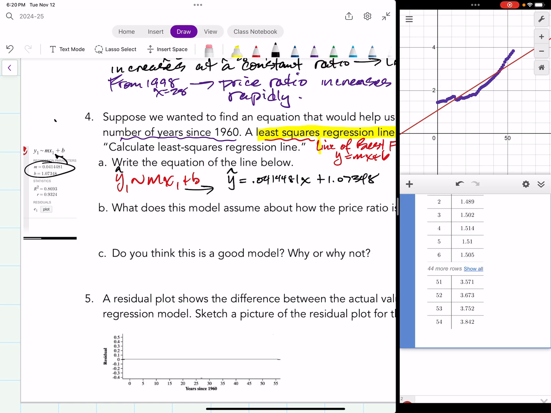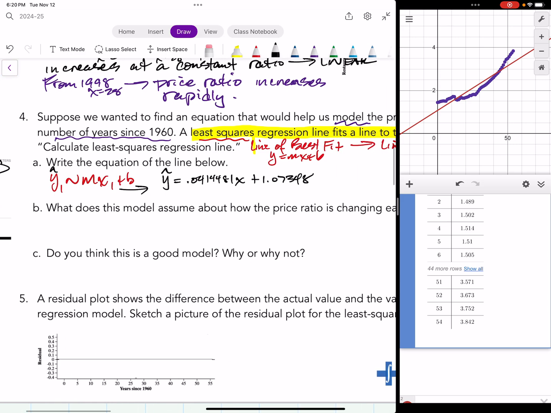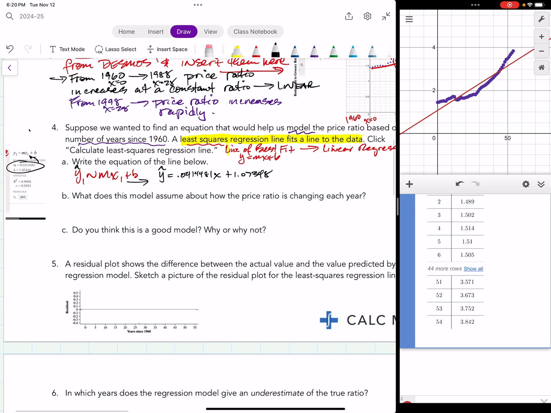And notice that I wrote all the digits. So use all the digits, because we're trying to be accurate.